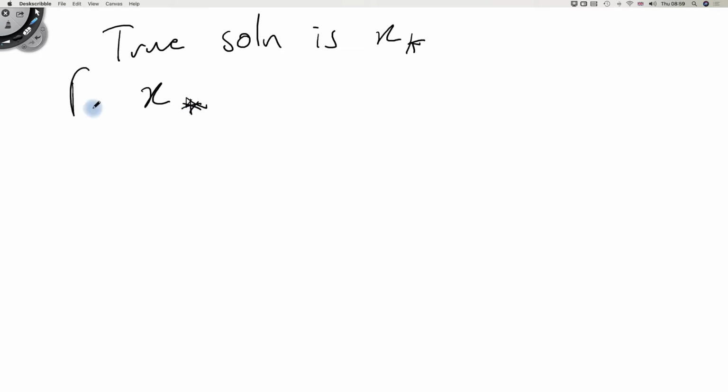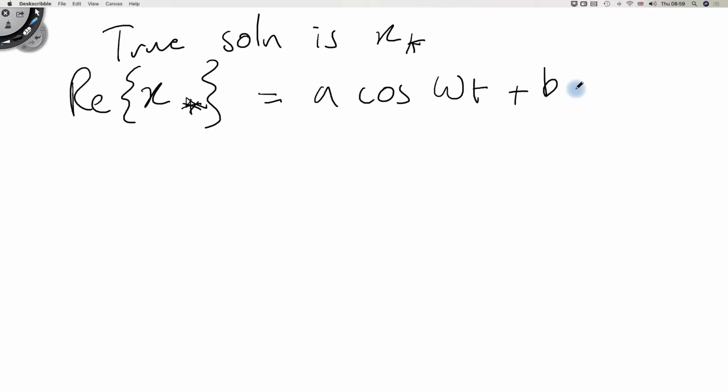So my contention then is that the true solution is x star, and if we write it down in this case, the real part of the true solution x star is going to be this, which is a cos omega t plus b sine omega t.